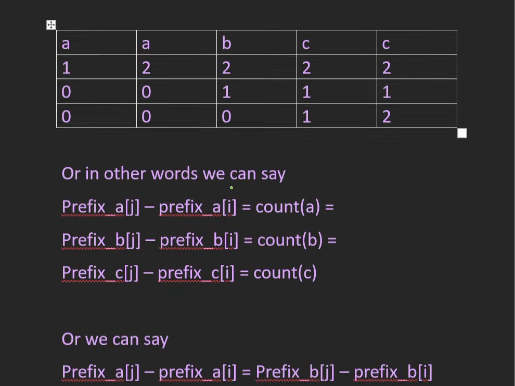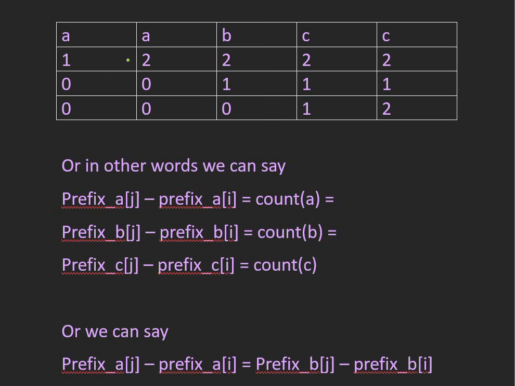So let's see an example to get it more clearly. We are given a string A, B, C, C, right? Initially we have all the elements as 0, 0, 0. If you see here, we also should calculate D1 and D2. If you see this part, ABC is the answer, right?